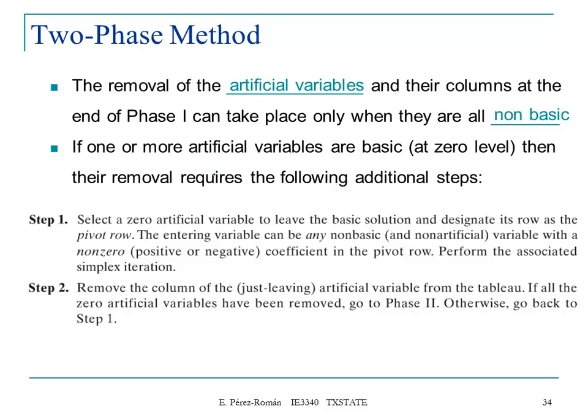The entering variable can be any non-basic variable with a non-zero positive or negative coefficient in the pivot row, and perform the associated simplex iteration. Step 2: remove the column of the just-leaving artificial variable from the tableau. If all the 0 artificial variables have been removed, go to phase 2, otherwise go back to step 1.